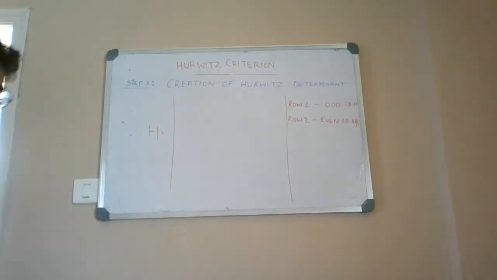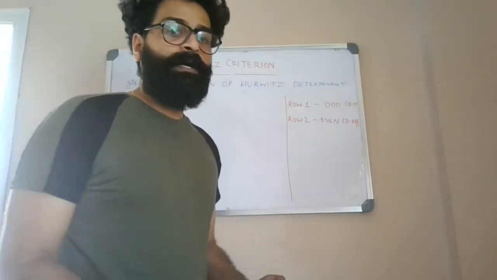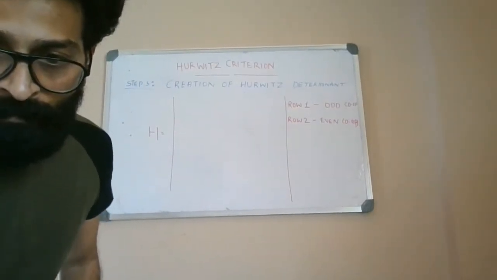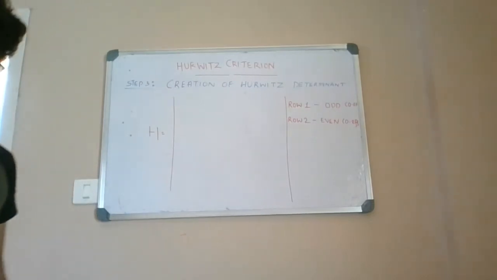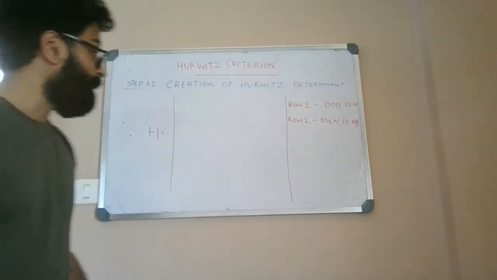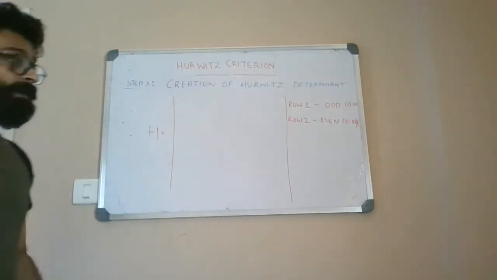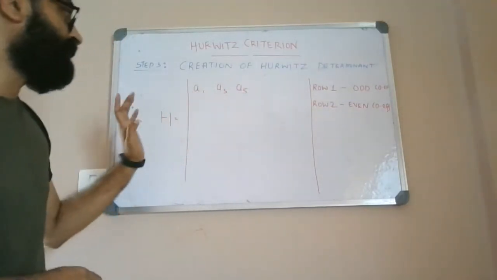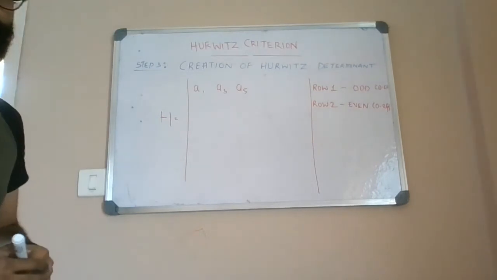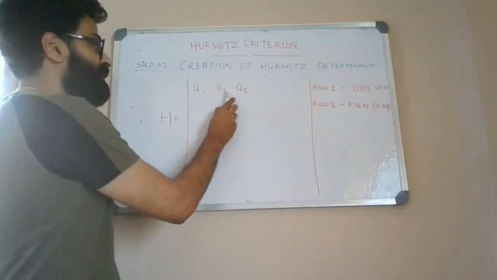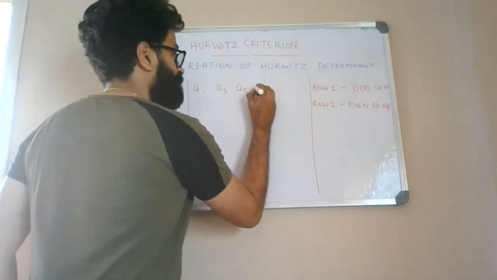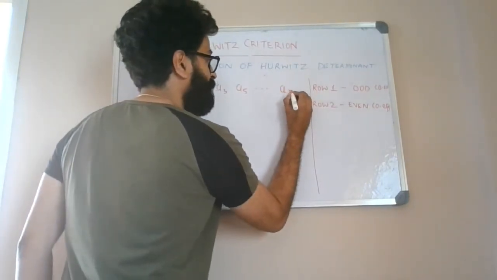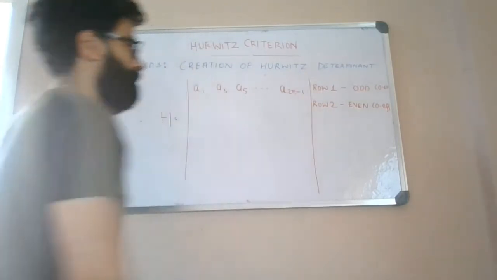I want you to look at this. First you write down the odd coefficients of the characteristic equation, which are a1, a3, a5, and so forth. The last coefficient will be a2n minus 1.